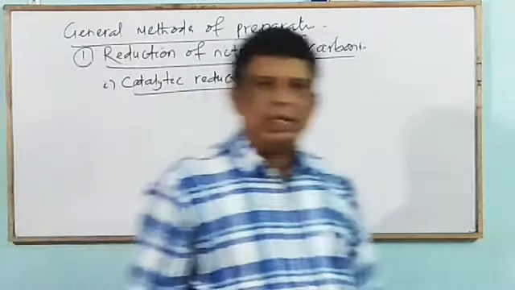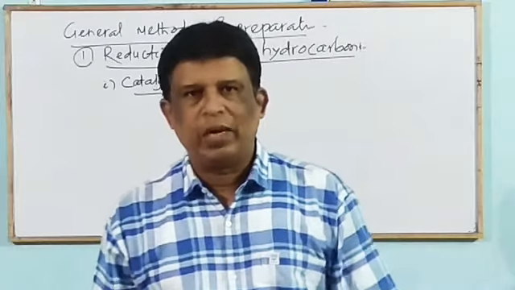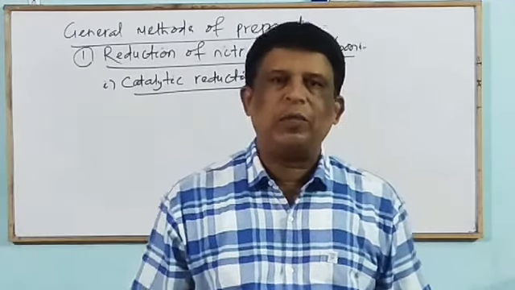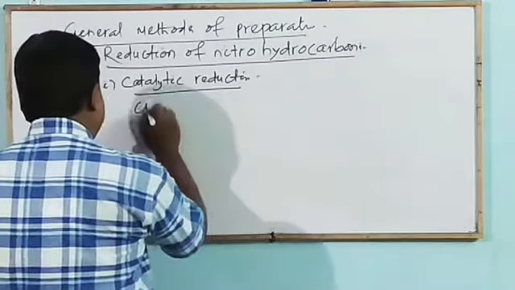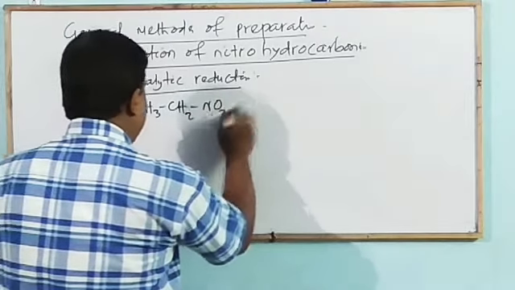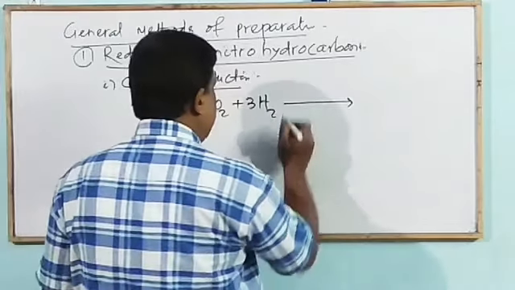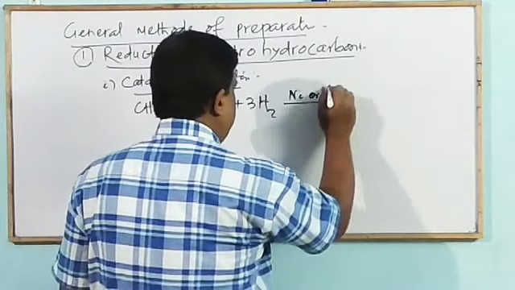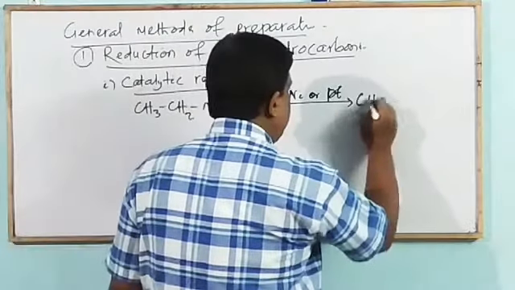Primary amines, aliphatic as well as aromatic, are easily prepared by the reduction of nitro compounds. Mark that. If we select CH3CH2NO2 plus 3H2 in presence of catalyst nickel or platinum or palladium, what happens?